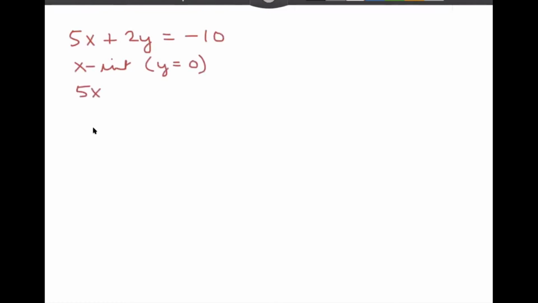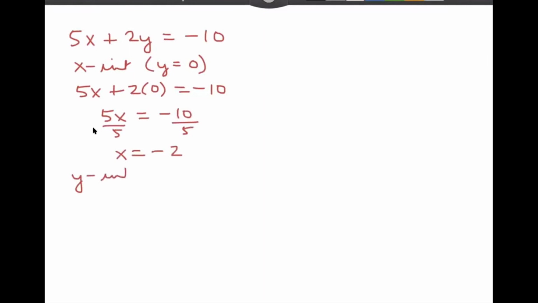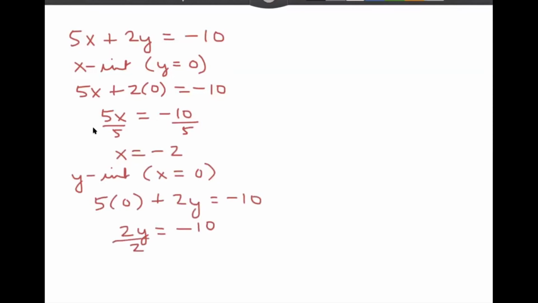Gives me 5x plus 2 times 0 equals -10, which means 5x equals -10, which means x is -2. And then the y-intercept, where x is 0, 5 times 0 plus 2y equals -10. Means 2y is -10, which means y is -5.